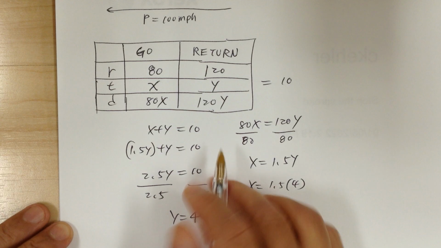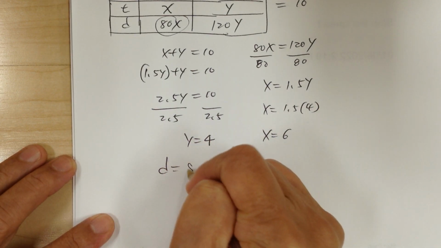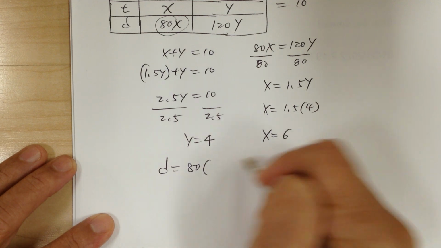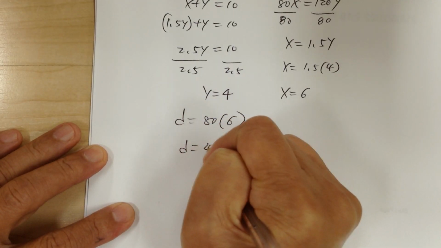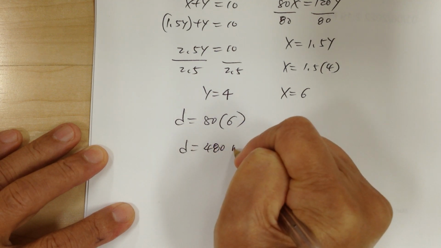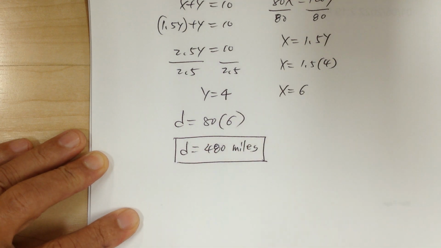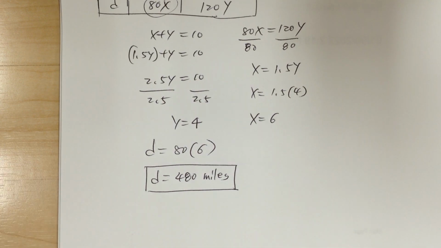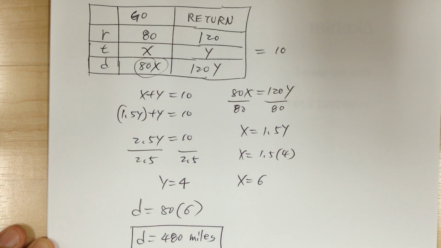Well, the distance is this one here, so the distance equals 80 times x. So it'd be 80 times 6. So distance equals 480 miles. And that's it.